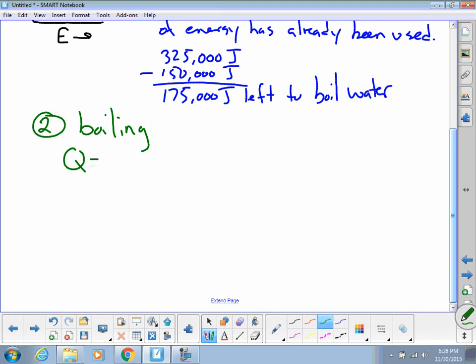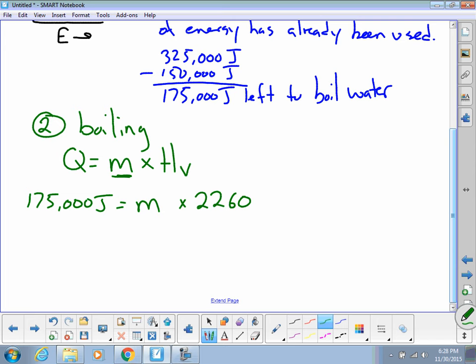So Q is going to equal mass times the heat of vaporization. Since we want to know what mass of water boils away, I would solve for the mass in this case. So I know that I've got this much energy left to boil away some mass of water, and that the heat of vaporization for water is 2,260 joules for every gram.